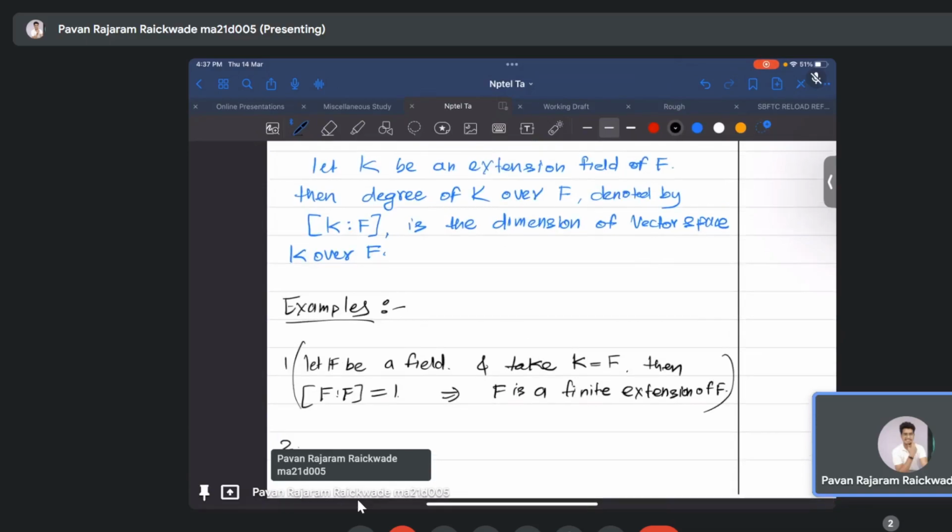The second example is the useful one, the field of complex numbers. You know that the field of complex numbers contains R, the reals, and both are fields, right? So now C is an extension of R. So the question is, is it finite or infinite?